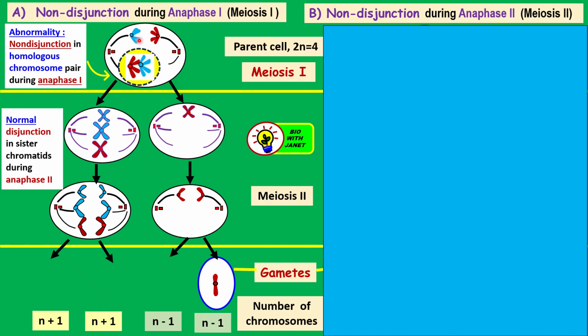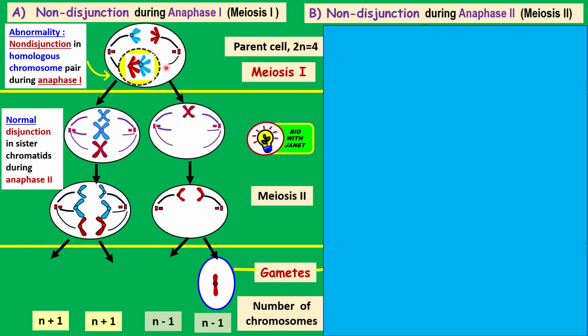Okay, so if the abnormality, which is non-disjunction, occurs during meiosis 1, that means it causes the homologous chromosomes not to be separated. Homologous chromosomes fail to separate in meiosis 1, right? In Anaphase 1 of meiosis 1. Now, the 2 short chromosomes at the top here, they separate in the normal way, okay? 1 chromosome to each pole, being pulled by the spindle fibers.